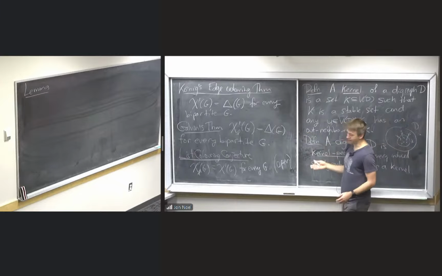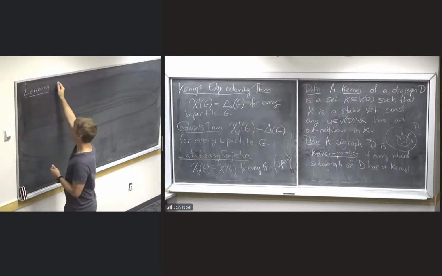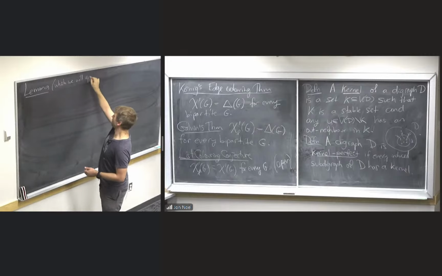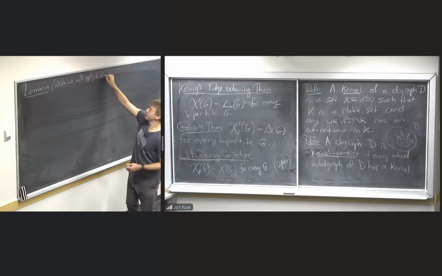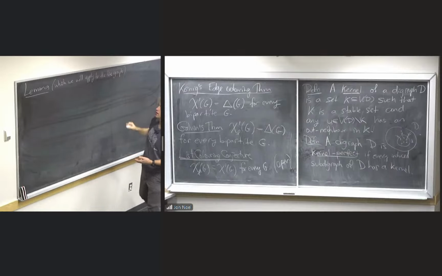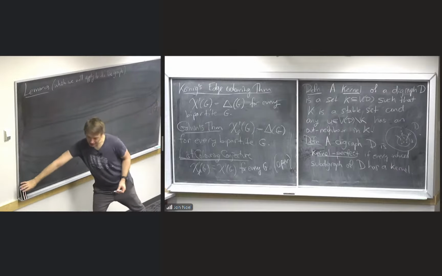This lemma I'm going to apply to the line graph of G, but I'll state it for any graph. By the way, I'm not writing L of G because I think that's going to be confusing, because L of V is the list for V, and L of G is usually the line graph, and there are going to be too many capital L's. So I'll just keep saying line graph.